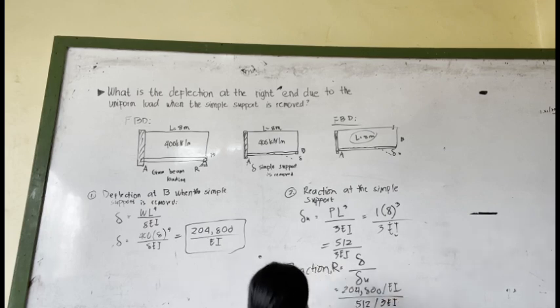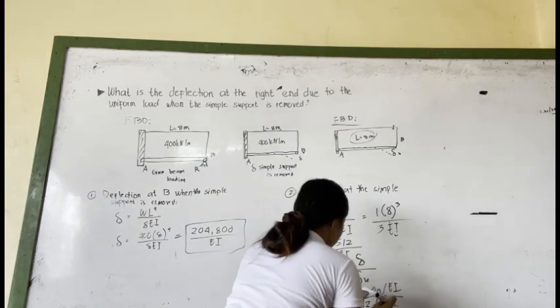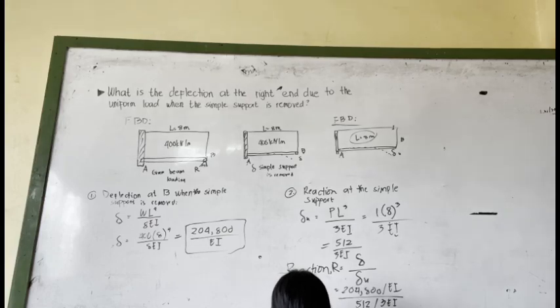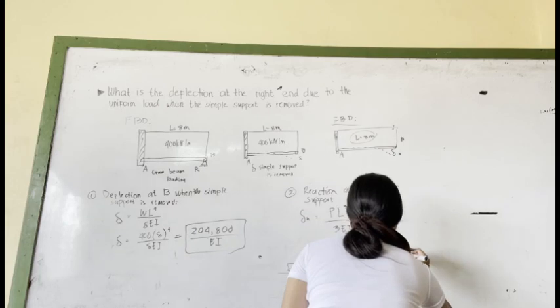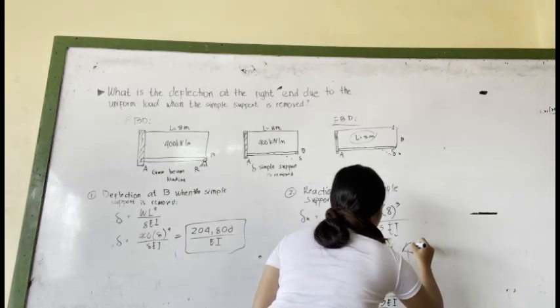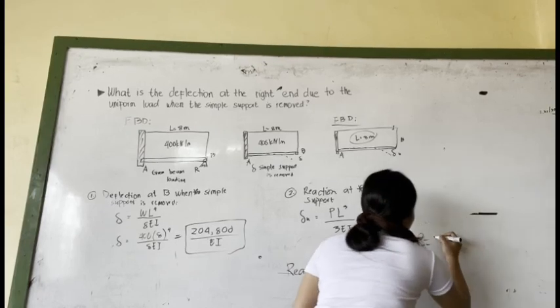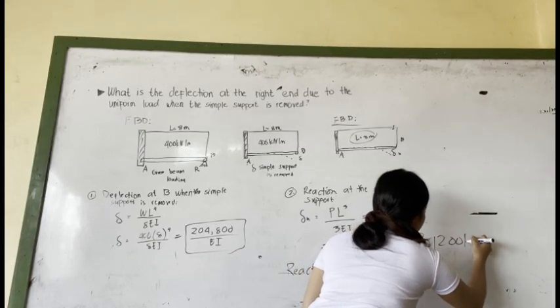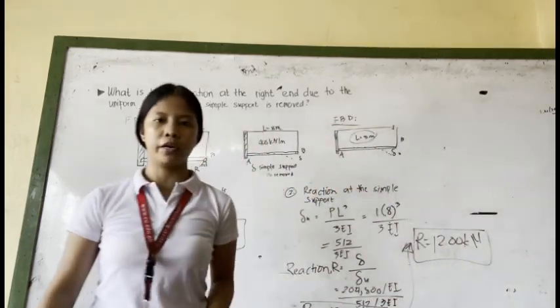So when we calculate it, it will result to reaction is equal to 1,200 kN. And this is our reaction. And that would be all.